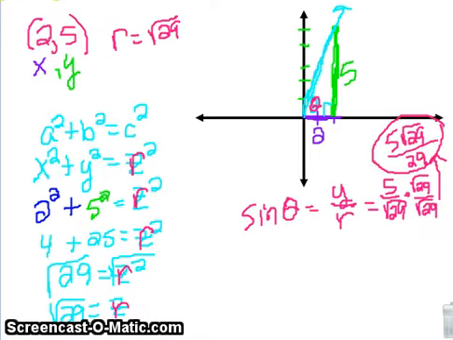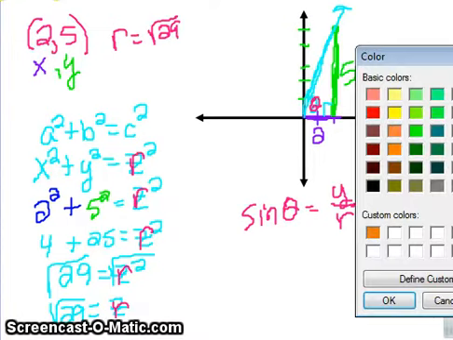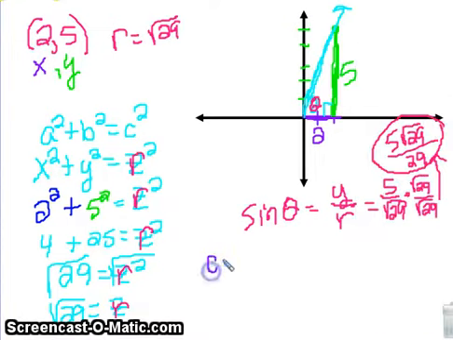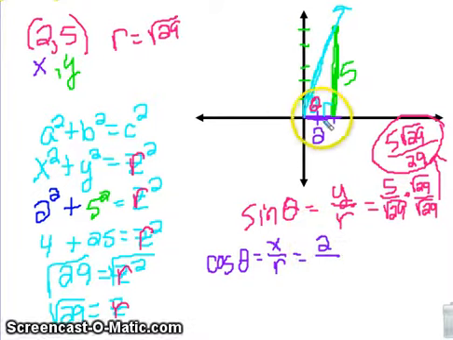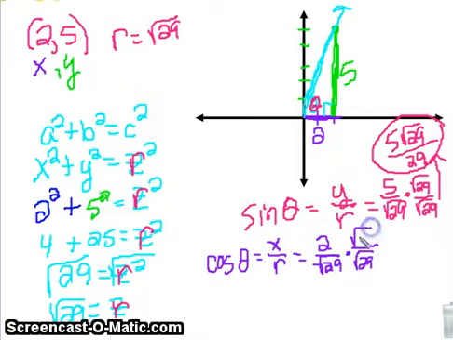If I do my cosine, let me scoot over a little bit. Cosine of theta is x over r. What's my x coordinate? See how x is 2, right? So it's going to be 2 over the square root of 29. Multiply top and bottom by the square root of 29. And so it's 2 square root of 29 over 29.